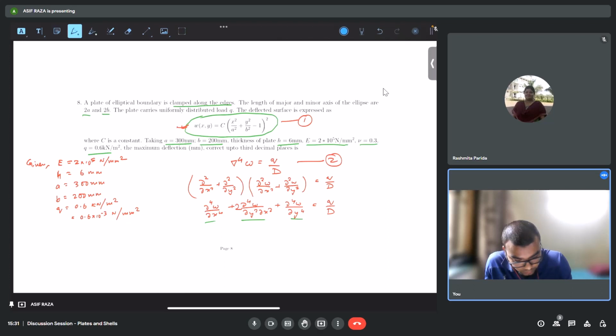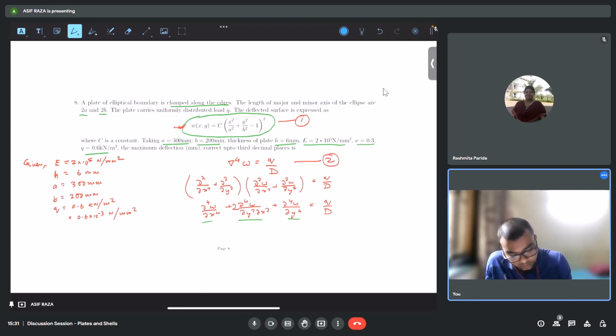So we are given with W. So we have W as C times (x square by a square plus y square by b square minus 1) whole square.